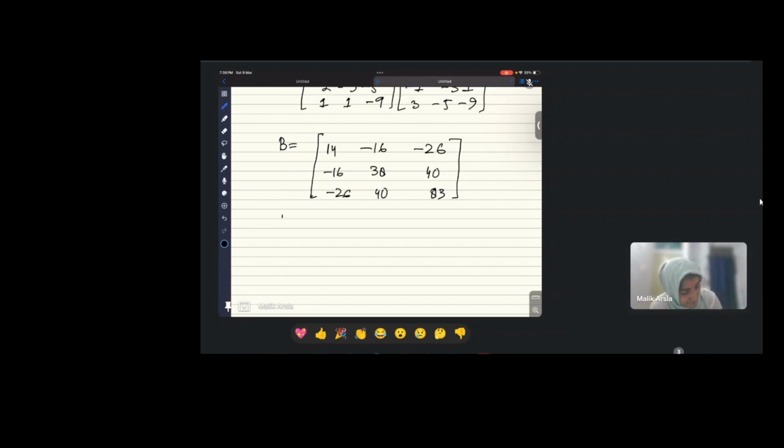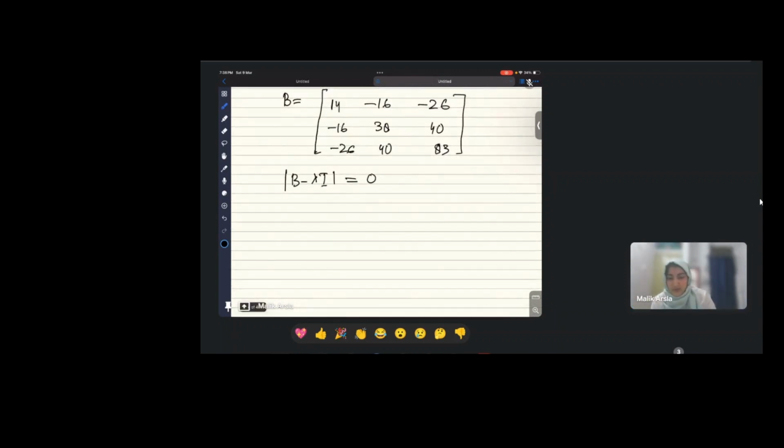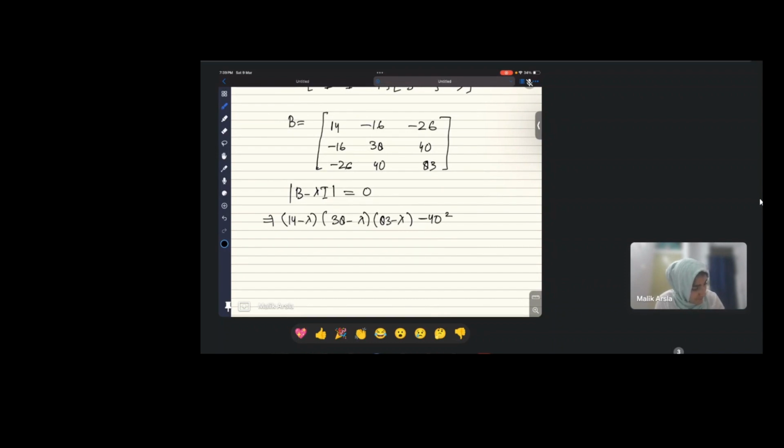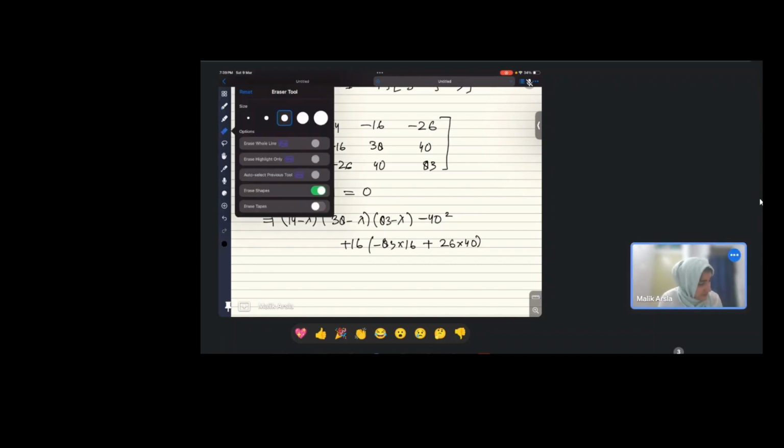Very good one. Determinant of V minus lambda I is equal to.